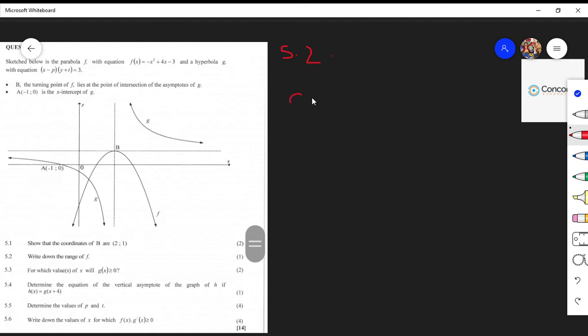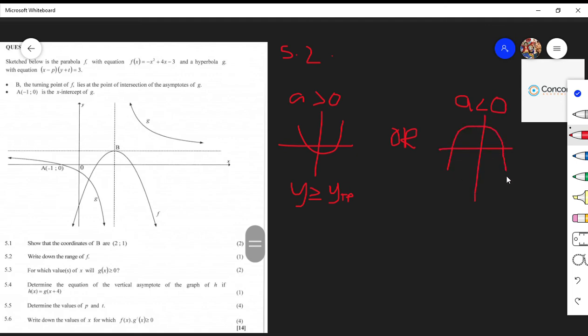Remember, if a is greater than 0, it's going to be a smiley face, and our range is therefore y greater than or equal to the y value of your turning point. And if it's a sad face graph, it's going to be y less than or equal to the y value of your turning point. And since this is a sad face graph, we're going to go with y less than or equal to.